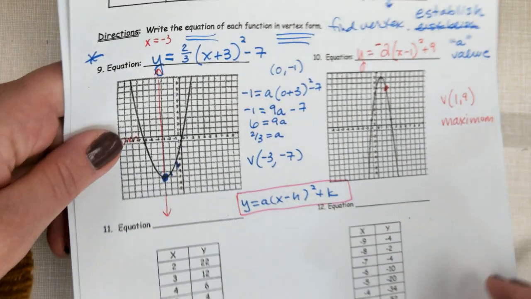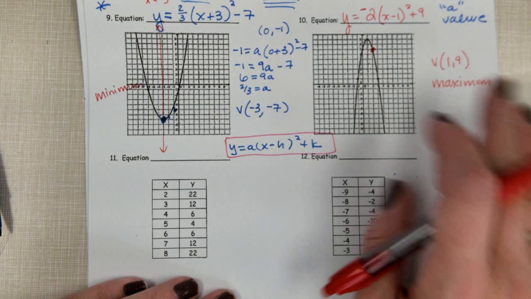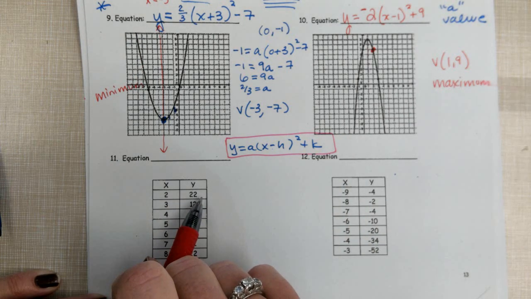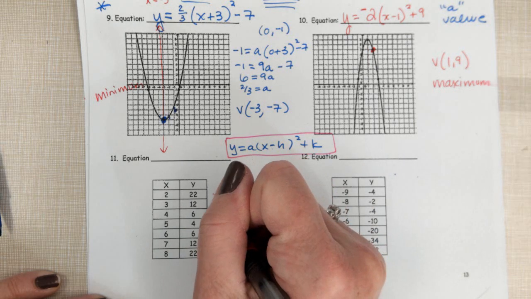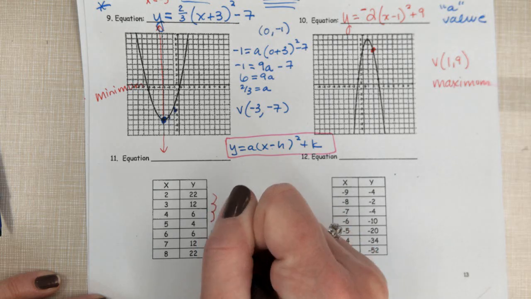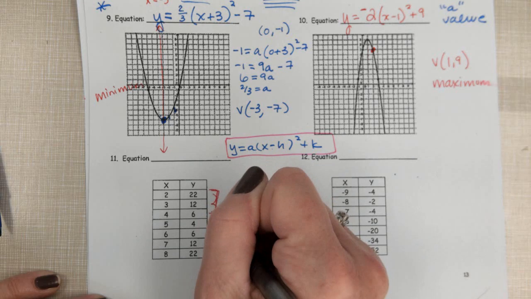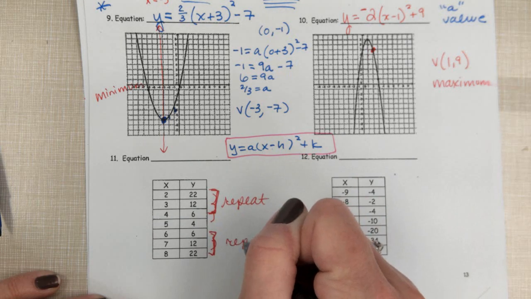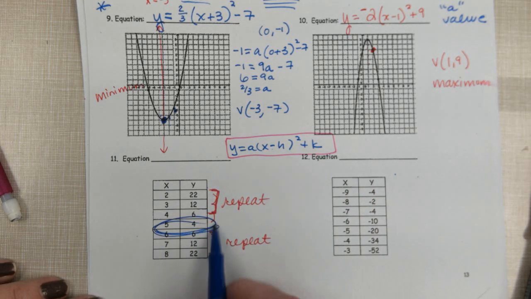Okay, now this next one is a table. I guess I could leave that all there so you can keep watching. So this table, you'll start to see a pattern. Here's 22, 12, 6, 4, 6, 12, 22. So these guys are the same. These guys are the same. Repeat. Repeat. What doesn't repeat? The vertex.